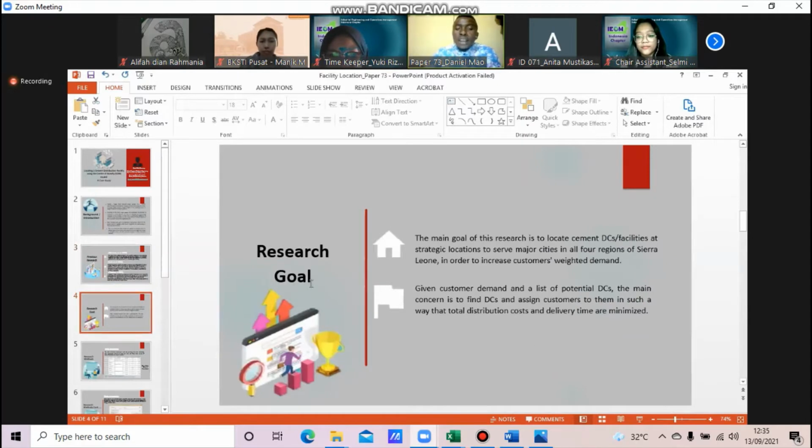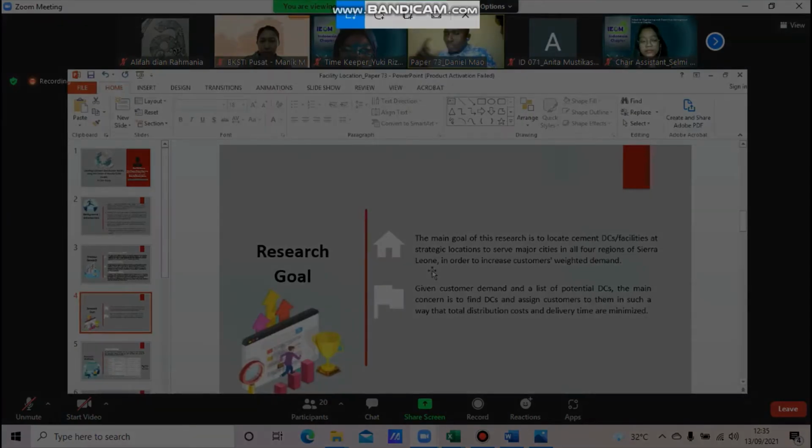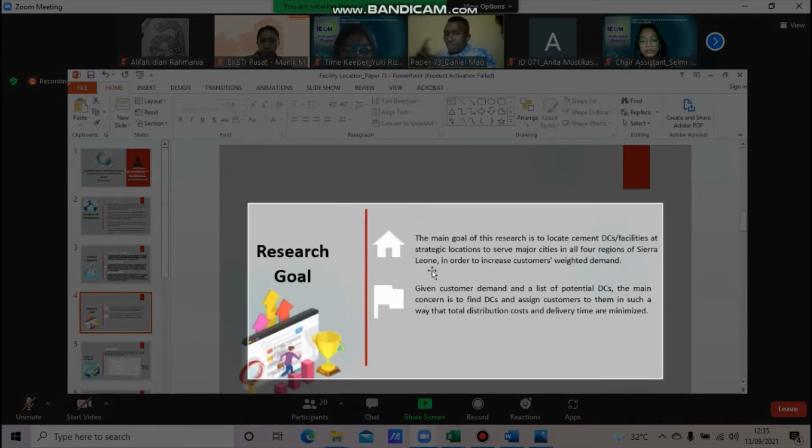What is the goal of this research? We have two main goals. The main goal is to locate cement distribution centers, the DCs, at strategic locations to serve major cities in all four regions of Sierra Leone in order to increase customers' weighted demands.